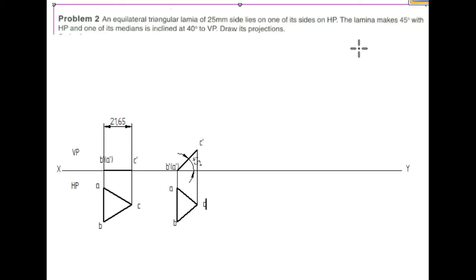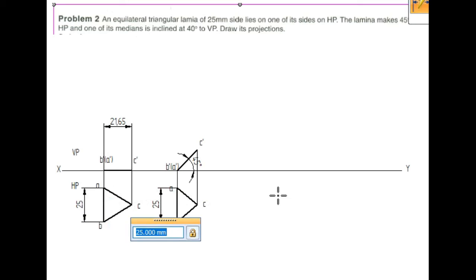Now, what is the difference between the normal problem and the beta angle problem? See here, in the normal problem, you can see that the distance between this line and this line is one and the same. So, with respect to this, they used to say that it is inclined at some angle with respect to VP. Whereas, in this problem, they have mentioned one of its medians is inclined at 40 degree to VP. So, what is the median?